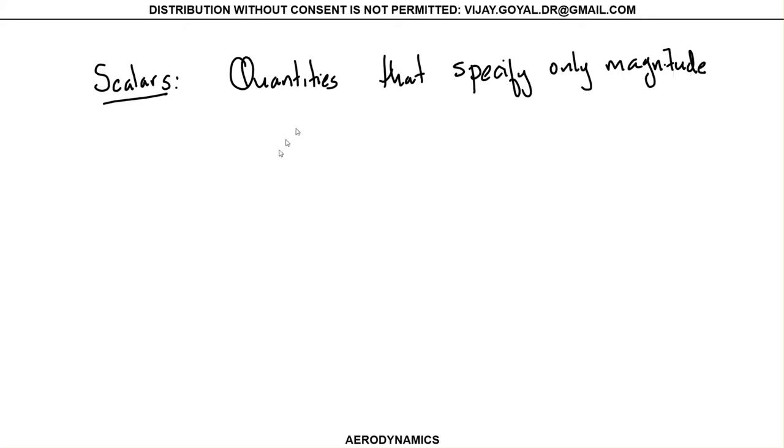An example of that is speed. Okay, so speed is just a value, it doesn't have direction.